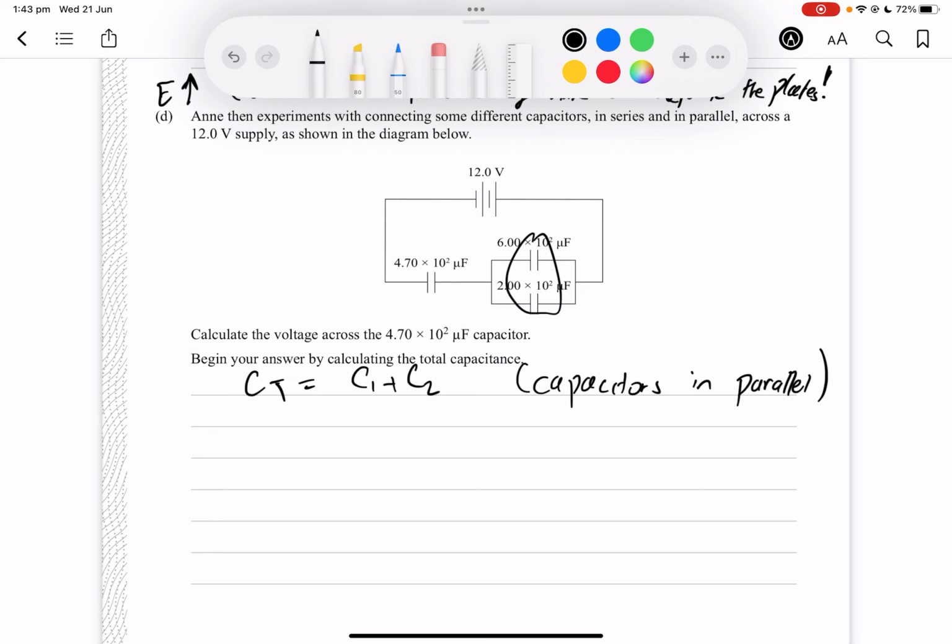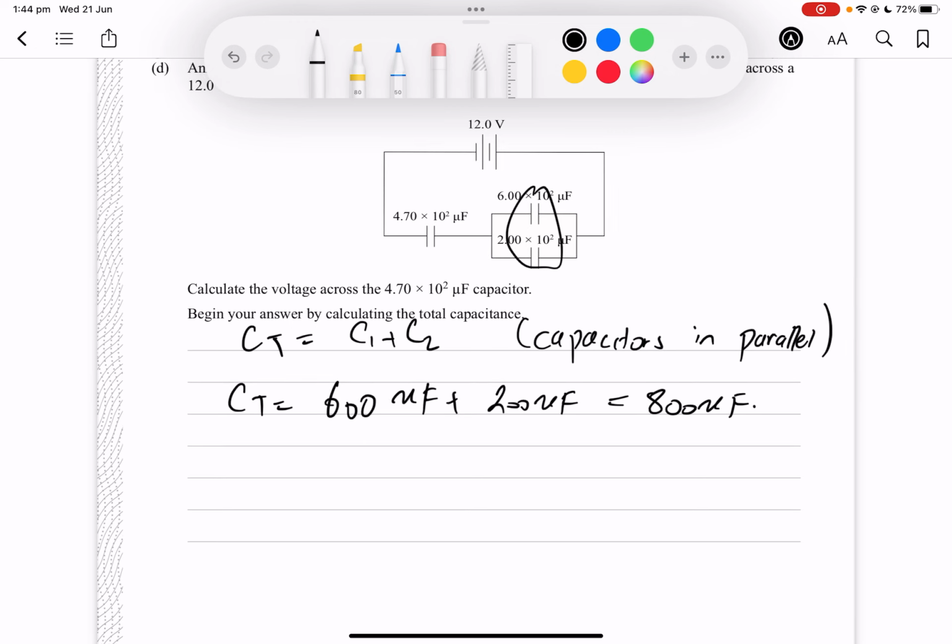The capacitors in parallel will be equal to C1 plus C2, so CT equals C1 plus C2. We'll just do microfarads to make this a little bit easier to read. We'll just do 600 microfarads plus 200 microfarads. That equals 800 microfarads.